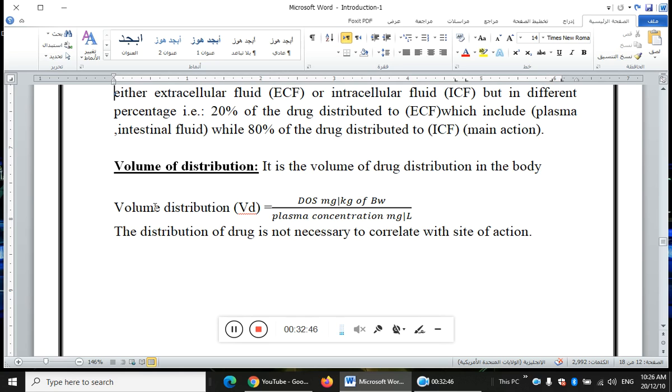The equation is: volume of distribution equals dose, in milligram per kilogram of body weight, divided by the plasma concentration, in milligram per liter. So when this milligram is canceled with this milligram, the volume of distribution will be calculated in liter per kilogram.